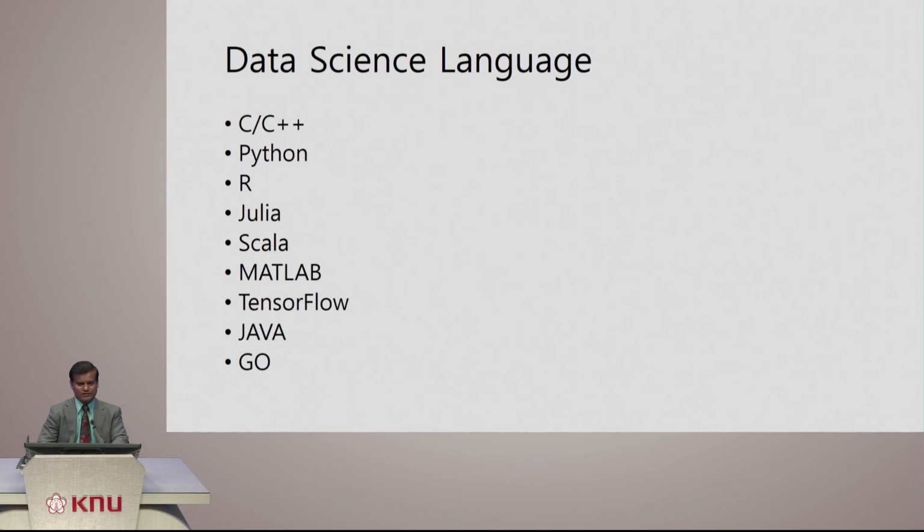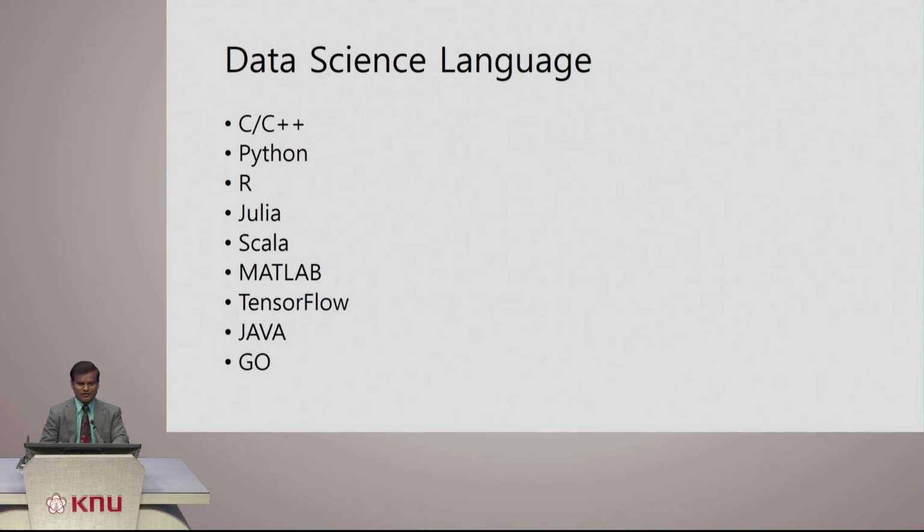Data science languages. We know C++ was quite a popular language for a long time, and then we have Java coming up, then Python coming in, and R programming. So we'll start with C++ and then discuss Python programming, R programming, Julia, Scala, MATLAB.